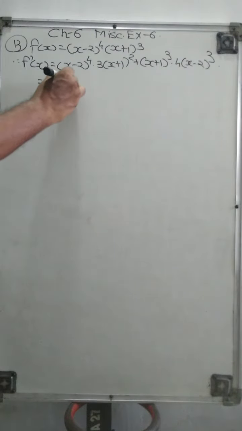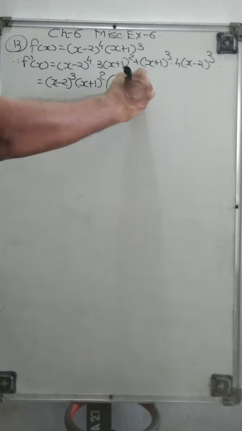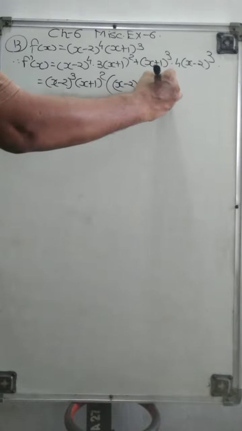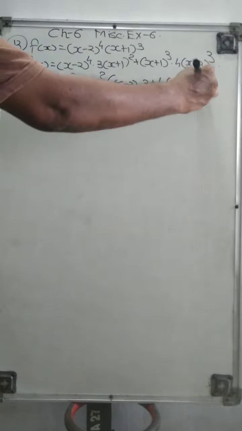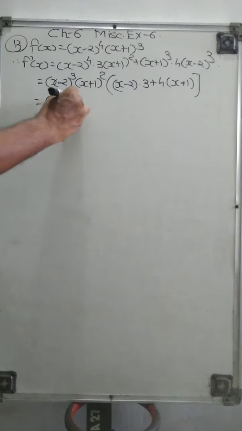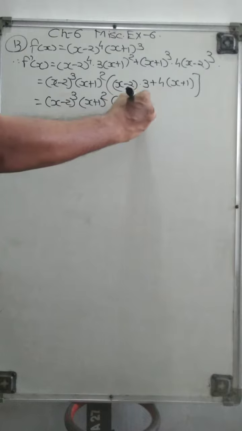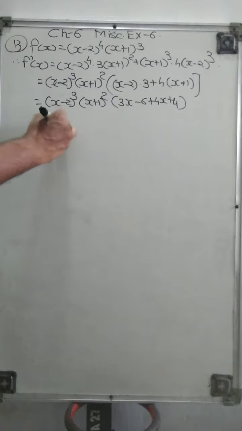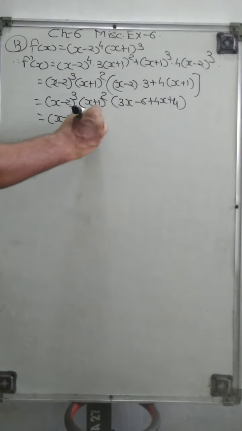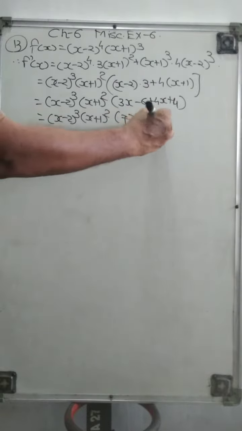Taking (x - 2)^3 and (x + 1)^2 common, we have (x - 2)^3 (x + 1)^2 [3(x - 2) + 4(x + 1)], that is (x - 2)^3 (x + 1)^2 [3x - 6 + 4x + 4], which is (x - 2)^3 (x + 1)^2 (7x - 2).